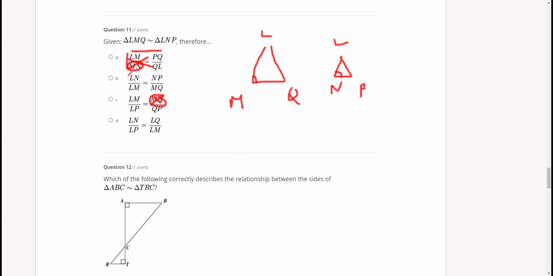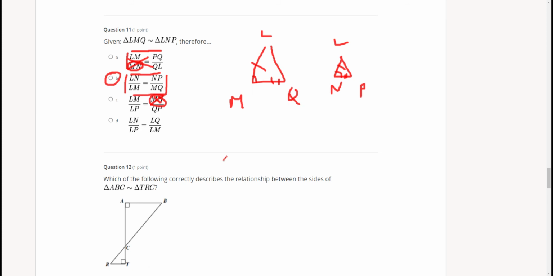So then I come over here, LN and LM, LN and LM, and LN and NP, LN and NP. And I just start marking stuff. Does this one look good? These are the markings that I have in the picture. Got a side and a side and a side and a side. I think that one looks good. They just have to match. Right?